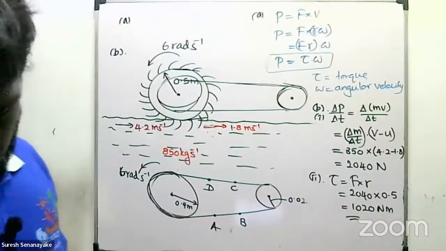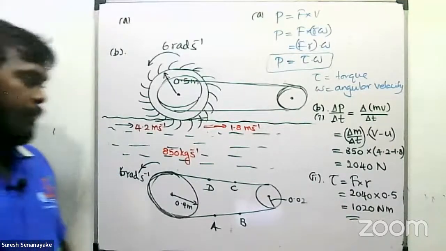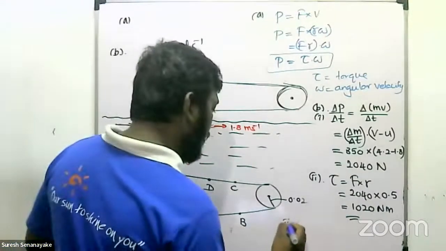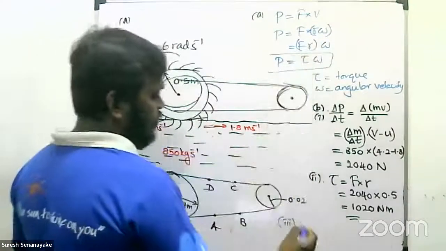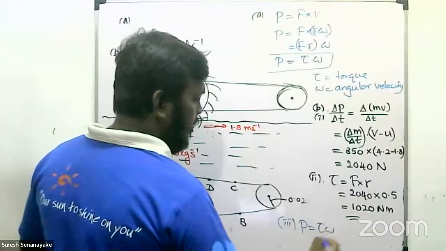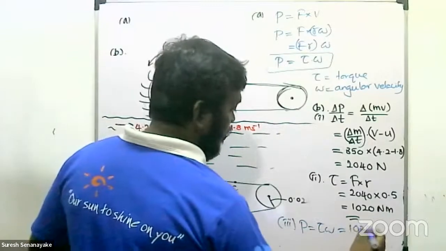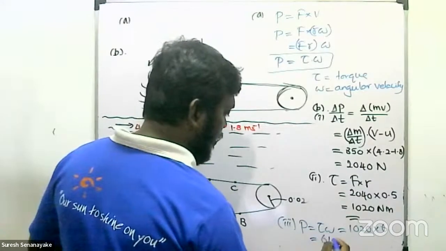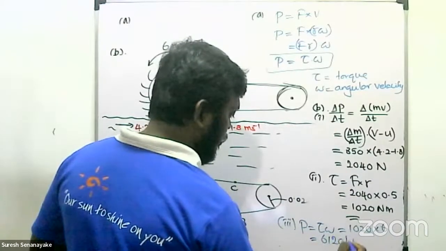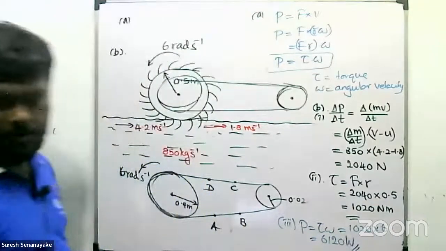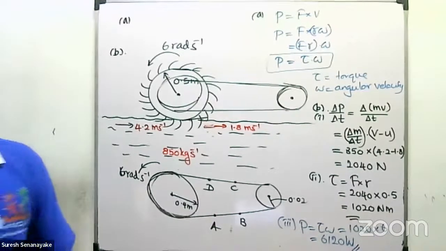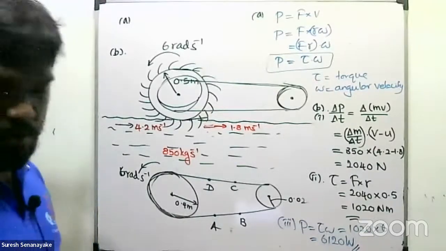Okay. And then the power they're asking, that's the equation you derived above. You can use this to calculate the power, that is torque into omega. The torque is 1020, omega is 6. Then you multiply this by 6, that is 6120 watts. 6120 watts of power is delivered.